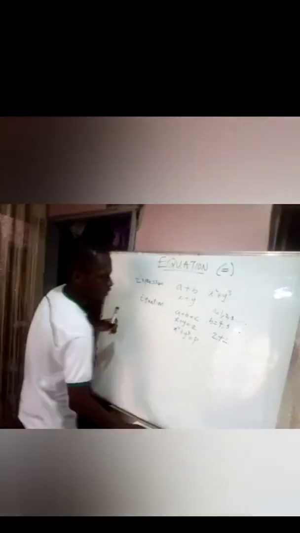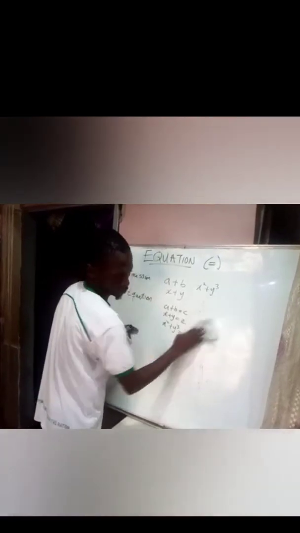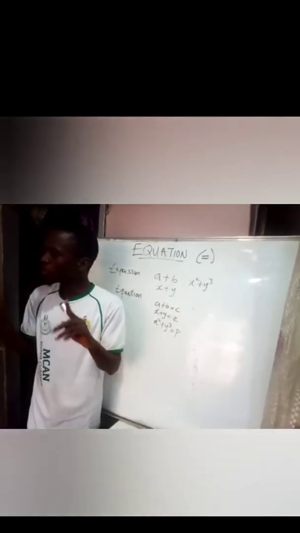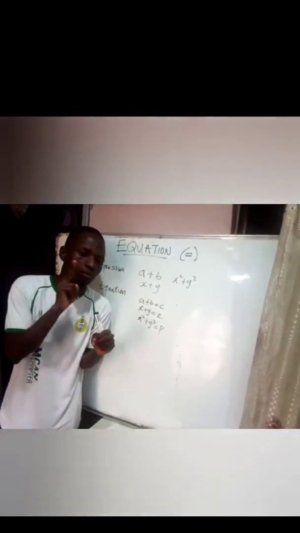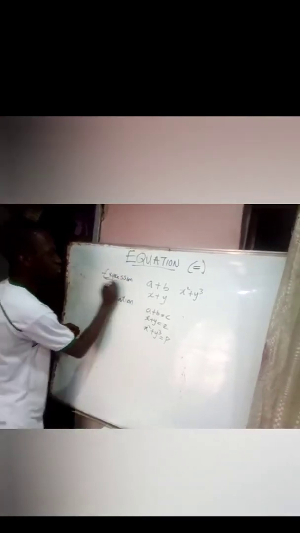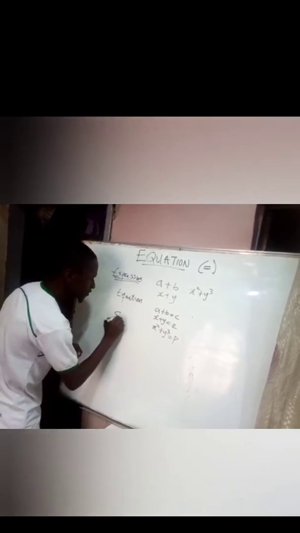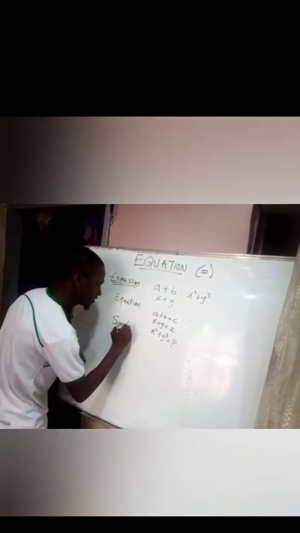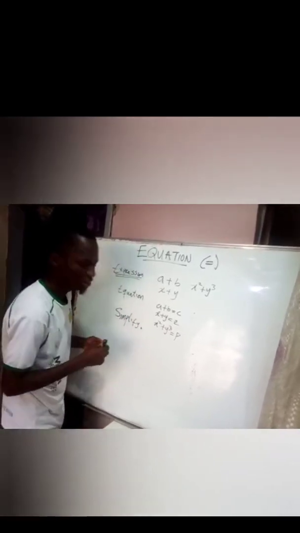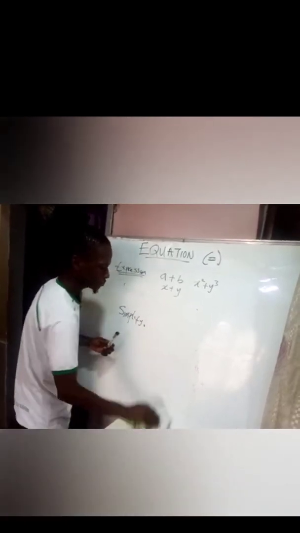So before we move on, we are doing equation today. We'll talk of expression next time. Expression can be solved in two ways, two forms. To solve expression, mostly the question comes as simplify. If you hear simplify, this mostly deals with expression.